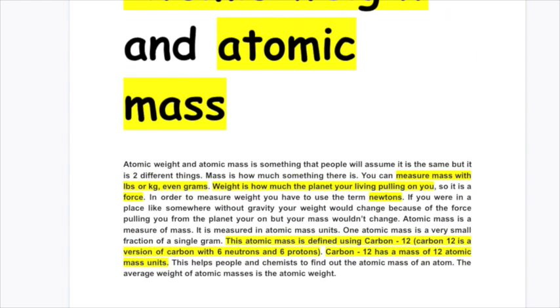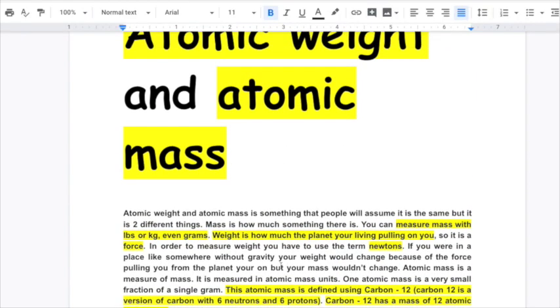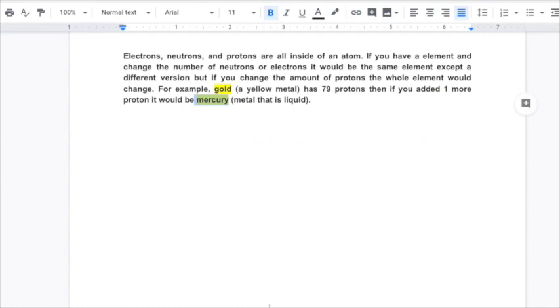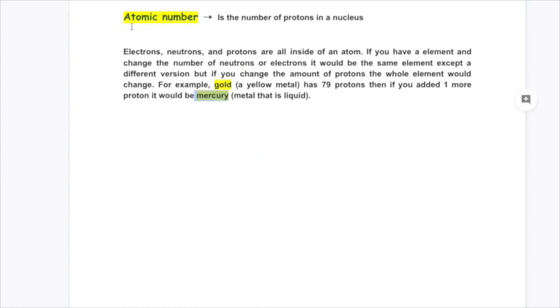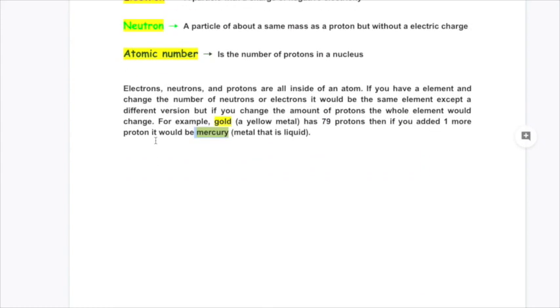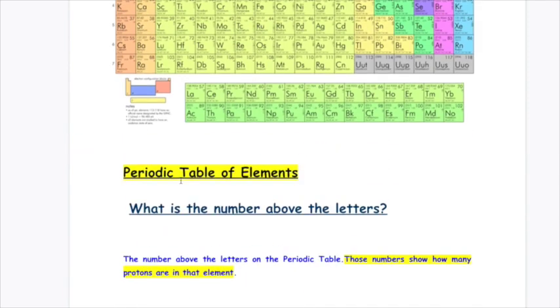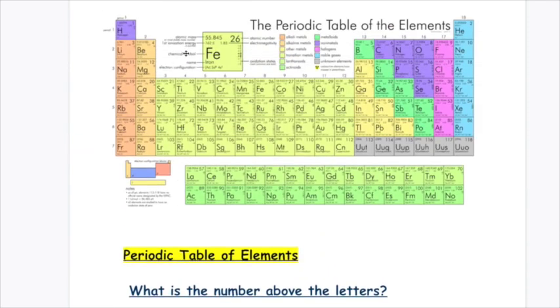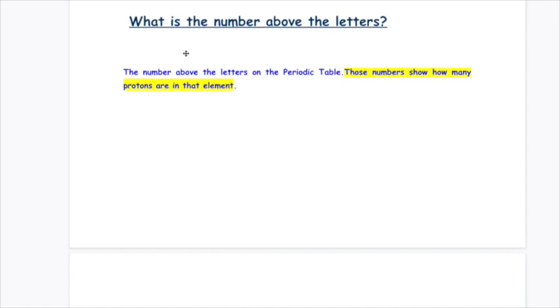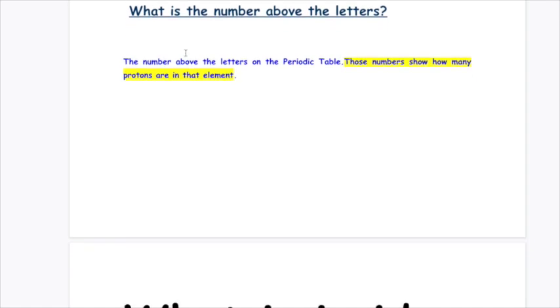Because atomic mass units are units they use for atoms. So just think about it. If an atomic mass unit is near the weight of an atom, then it would be so tiny. Because just imagine, if you carry an atom, you won't even realize you're carrying anything.